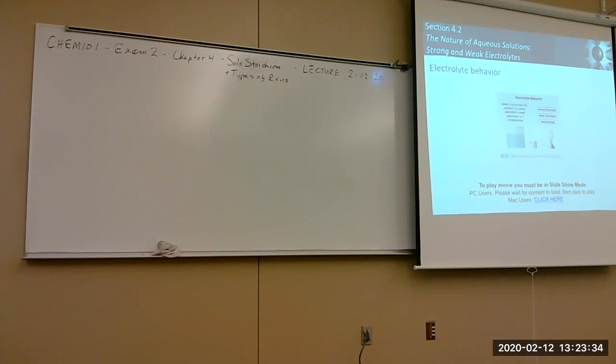Acetic acid, which is vinegar, well, 5% weight volume is vinegar. Non-electrolytes are molecular species that do not dissociate into ions in solution. There are no ions available to conduct electrical current. Molecular compounds like alcohols and sugars are examples of non-electrolytes.